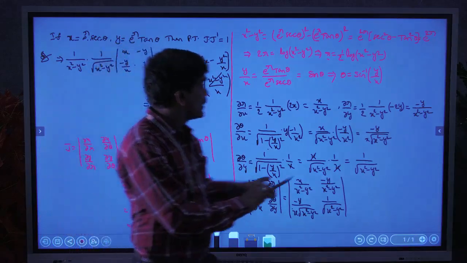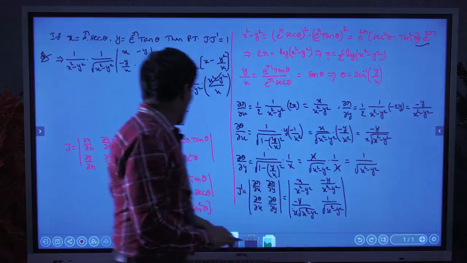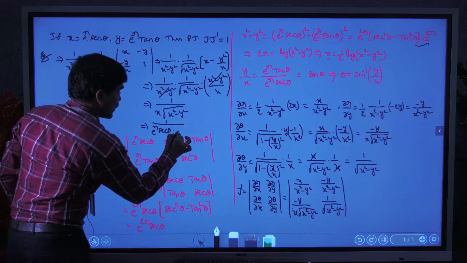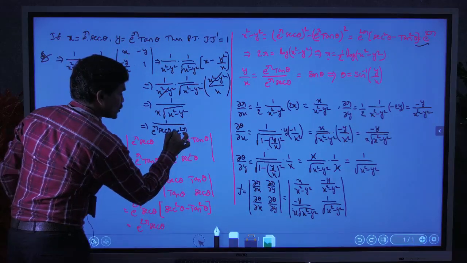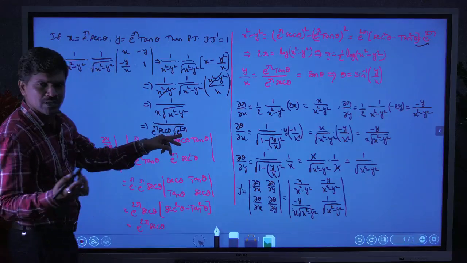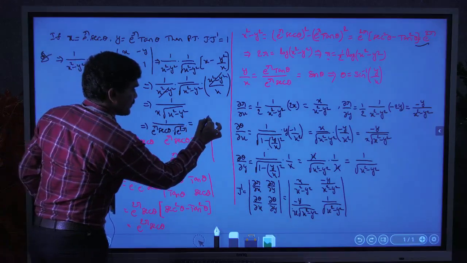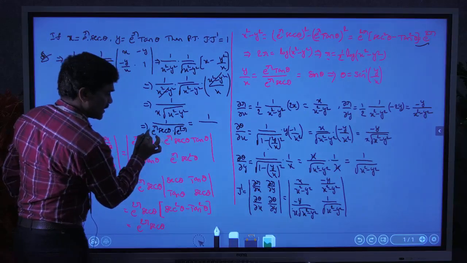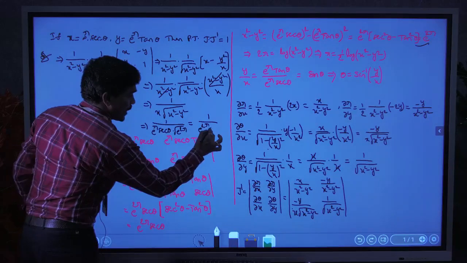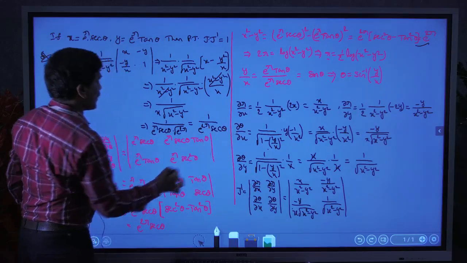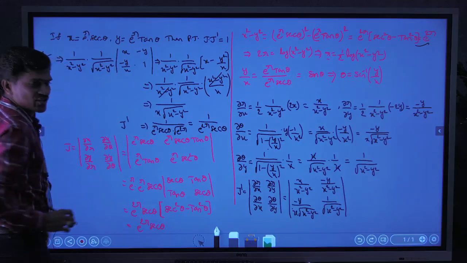Now substitute: the square root of e power 2r is e power r. So we get e power r, here e power 2r secant theta. This is j dash.